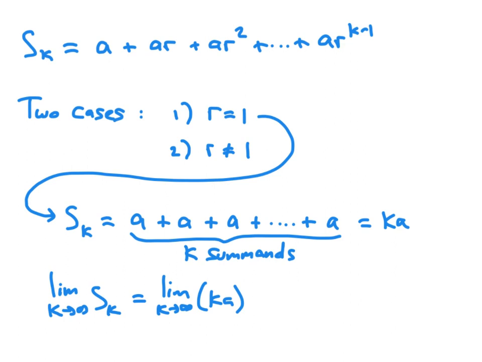But as k goes to infinity, k times a will either go to positive or negative infinity, depending on whether a is positive or negative. If a is positive, this will go to positive infinity, and if a is negative, this will go to negative infinity. In either case, this sequence will diverge. It'll diverge to either positive or negative infinity. And so this tells us that in our first case, when r is equal to 1, the geometric series is going to diverge.